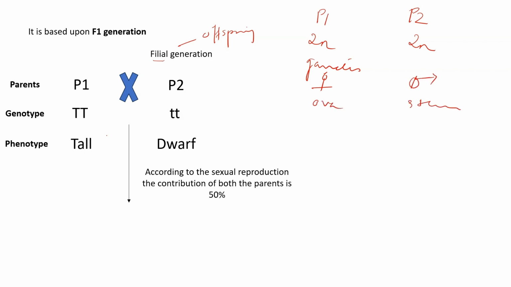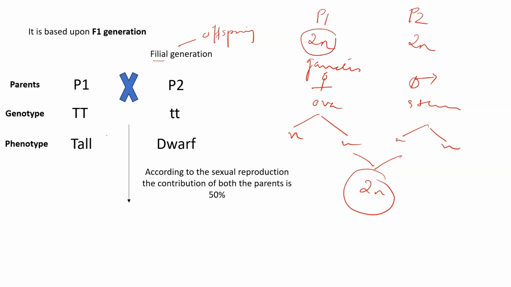Now, the gamete consists of only n set of chromosomes. When this n combines, the offspring will again have 2n chromosomes. So the parents have 2n chromosomes, the offspring also have 2n chromosomes, but the gametes whose fusion forms an offspring have only n chromosomes, and hence n and n combine to form 2n.